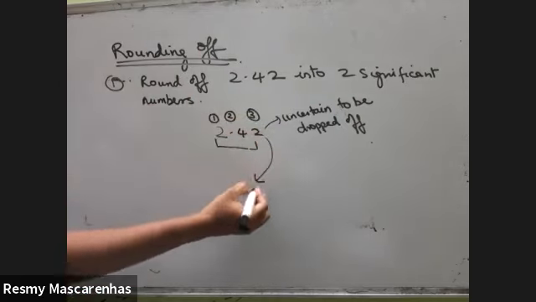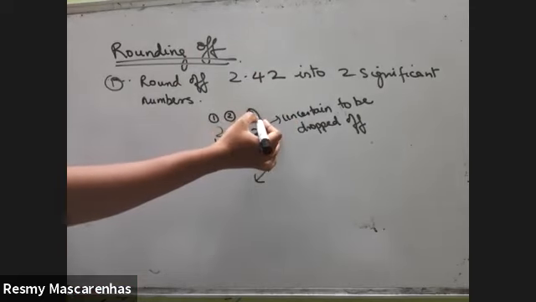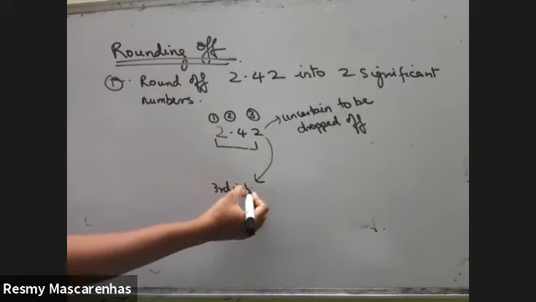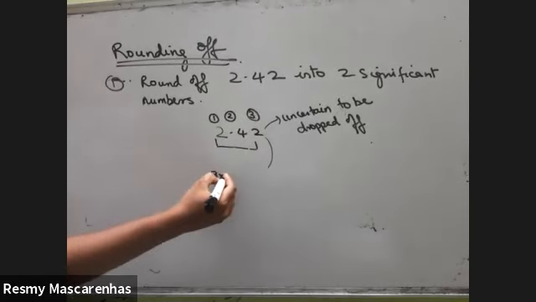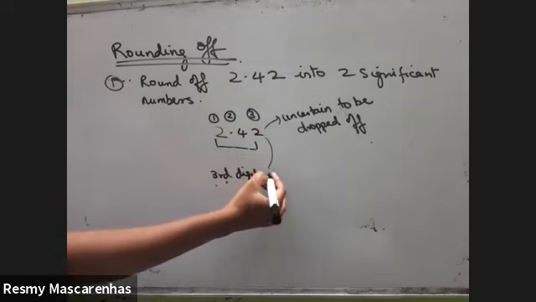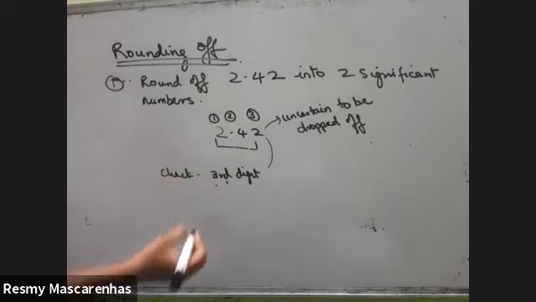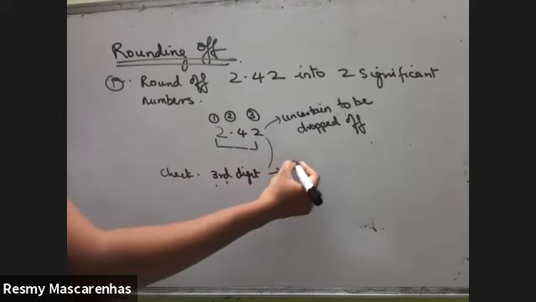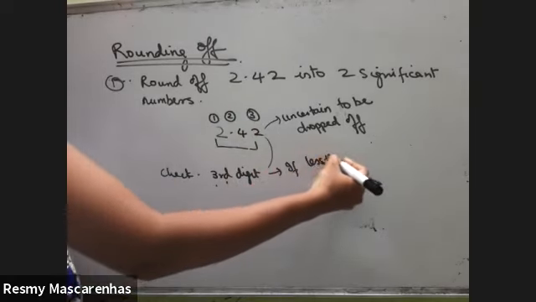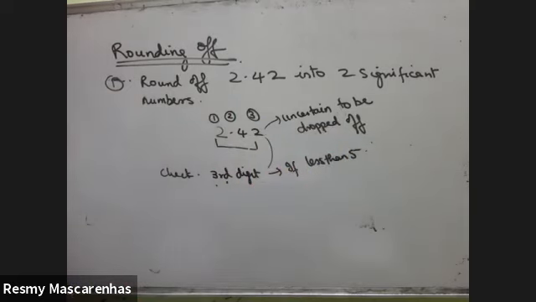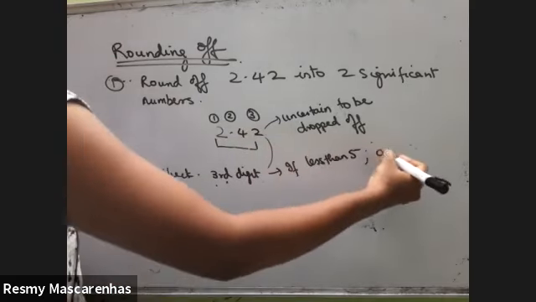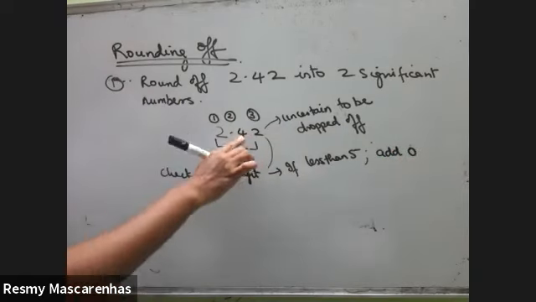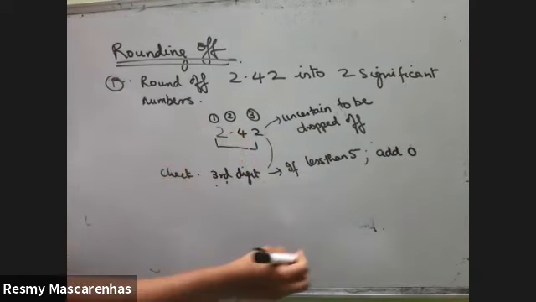So we have to check. The third digit is right now called the uncertain digit, the last ending one. So check: if less than 5, add 0 to the previous number.